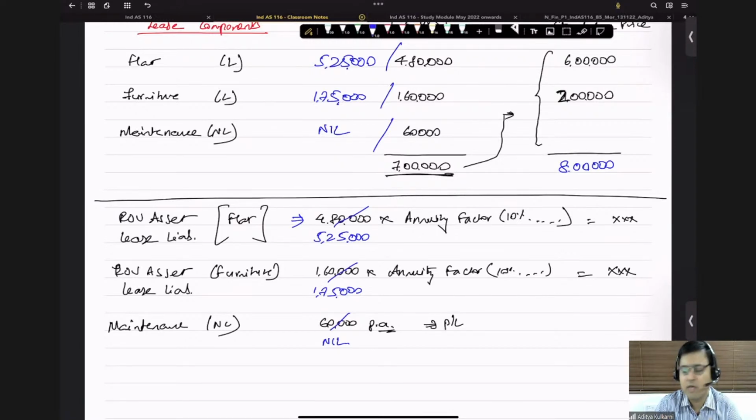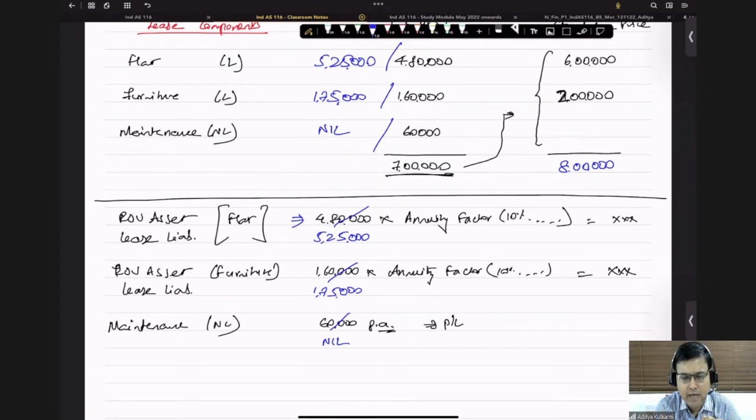The same story would happen with 1,60,000, where part of it would go as depreciation every year. Part of it would be added as finance cost every year. So ultimately, 4,80,000, 1,60,000 would flow into the profit and loss over the 3-year tenure of the contract. And 60,000 also would flow.